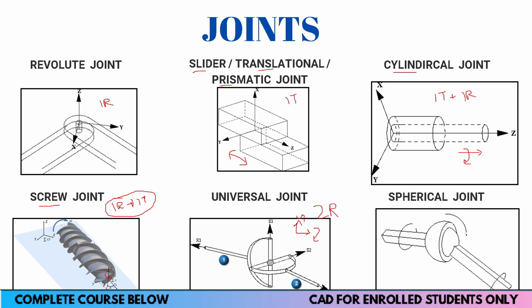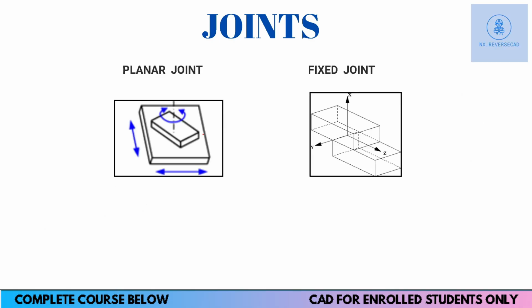Now we have a spherical joint. Spherical joint has 3 degree of freedom, and all three are rotational about their axis. So three rotations, all are rotational, right? Now we come to this planar joint. So planar joint has 3 degree of freedom.